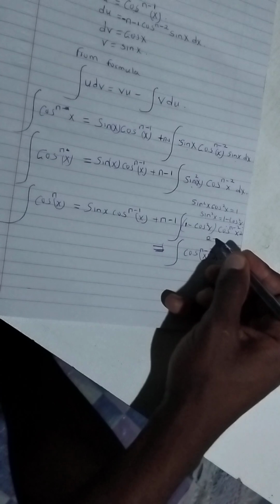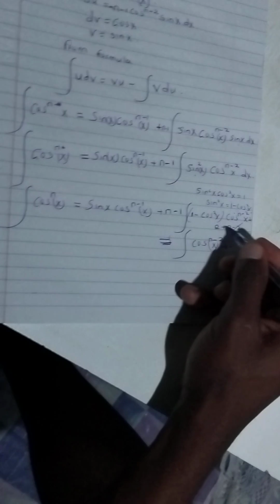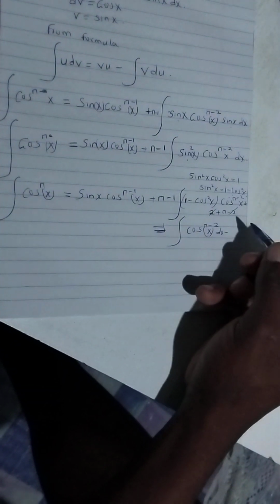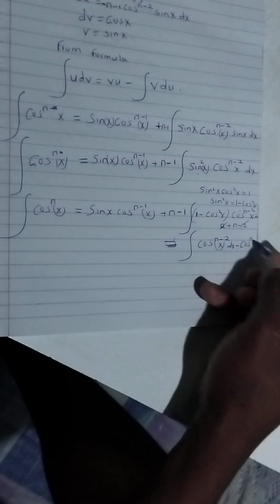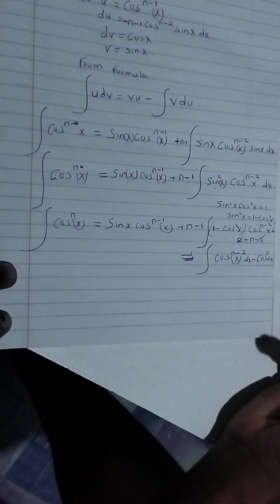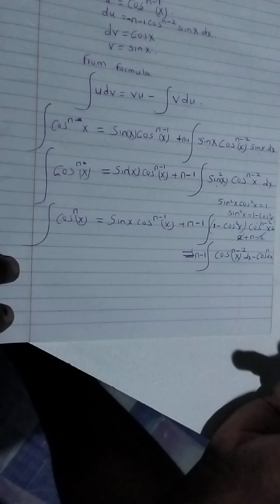It will be 2, the power of that cosine, plus n minus 2, the power of this. The 2 and the minus 2 will cancel, and we remain with cosine raised to n and dx. And here is (n-1).